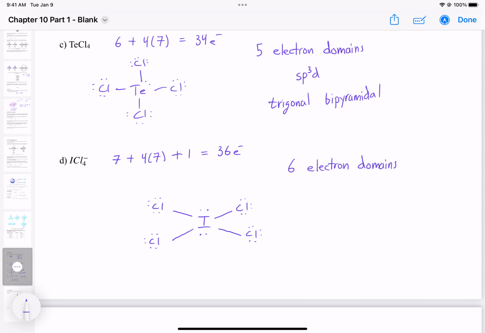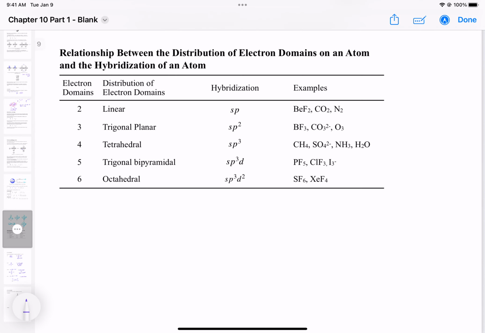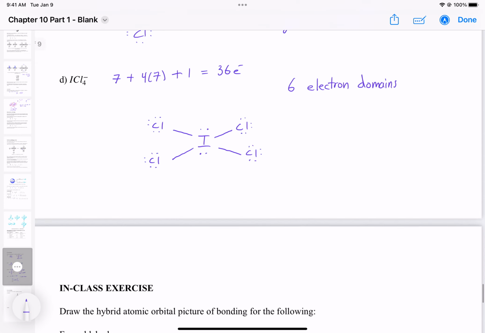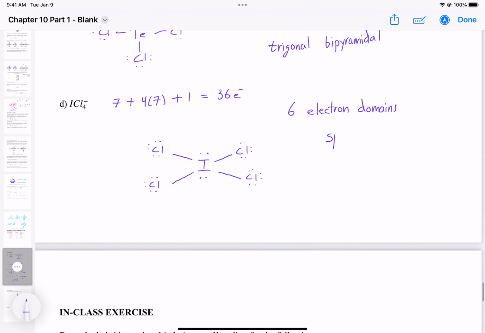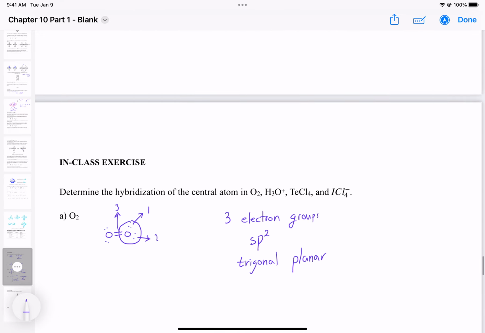Okay, and then for that geometry, we will have a hybridization of sp cubed d squared, so sp3d2, like that, and this is an octahedral electron geometry. Okay, so hopefully that gave us some practice in assigning hybridization and seeing how many electron domains and relating that back to the electron geometry.